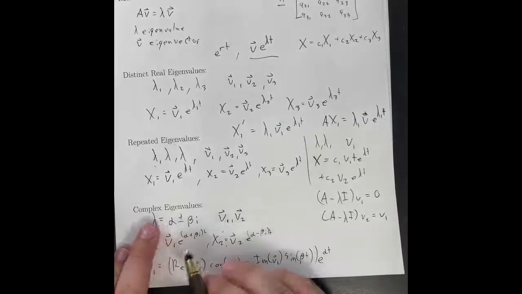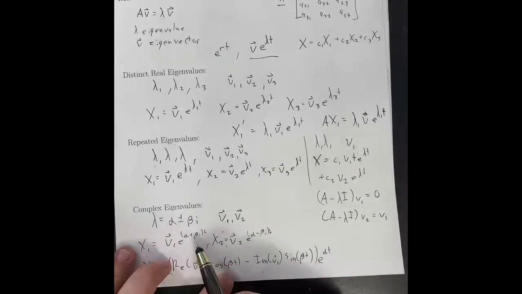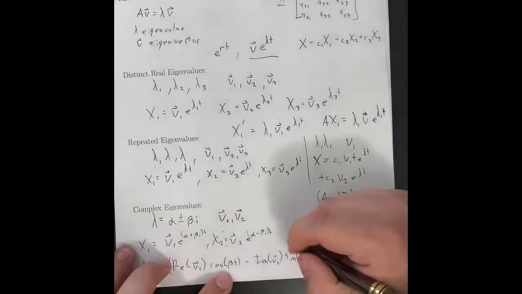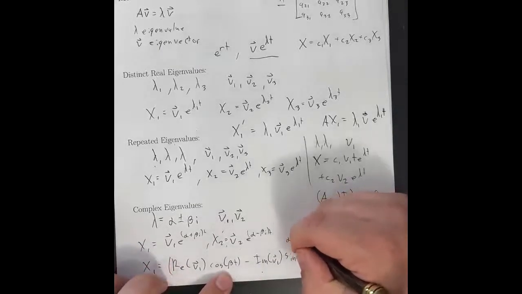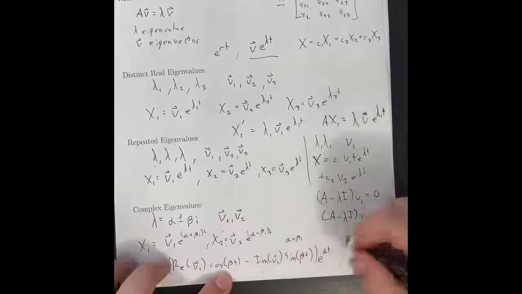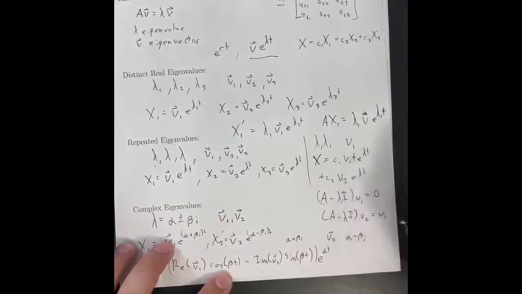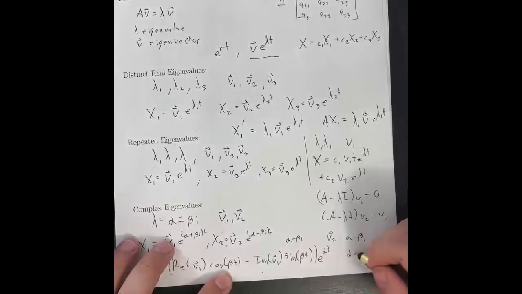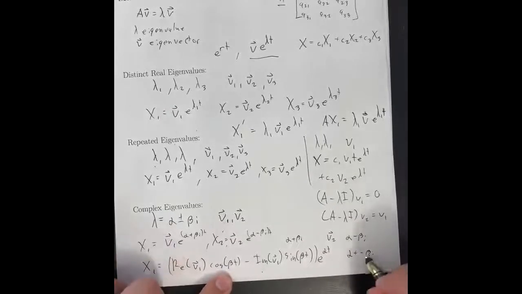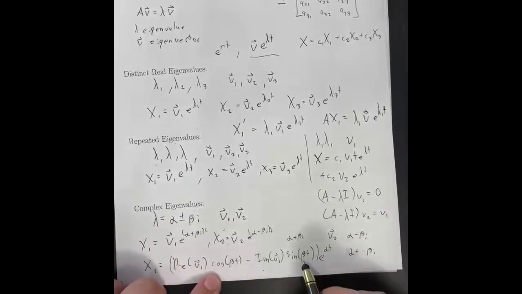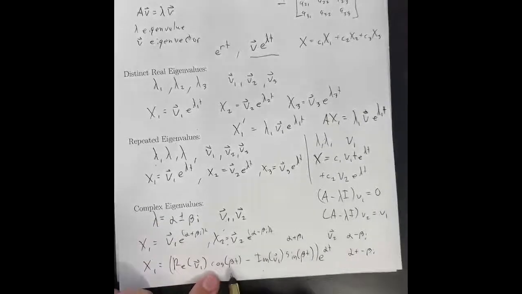But you need to make sure that it's written as alpha plus beta I. So if you found the vector V2 corresponding to alpha minus beta I, then make sure you write it as alpha plus negative beta, and you'd use negative beta everywhere you see a beta. Make sure that you get the sign right. That's important.